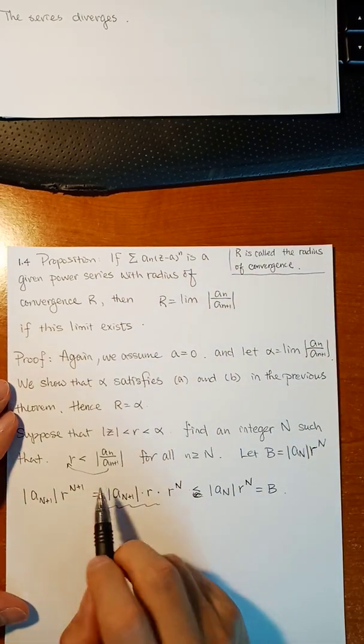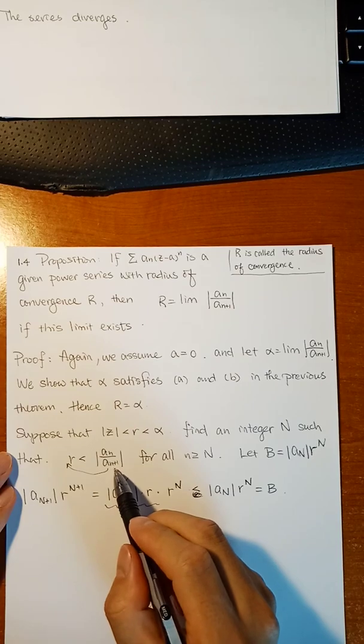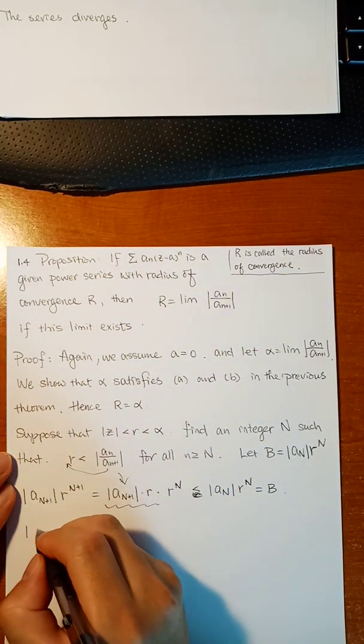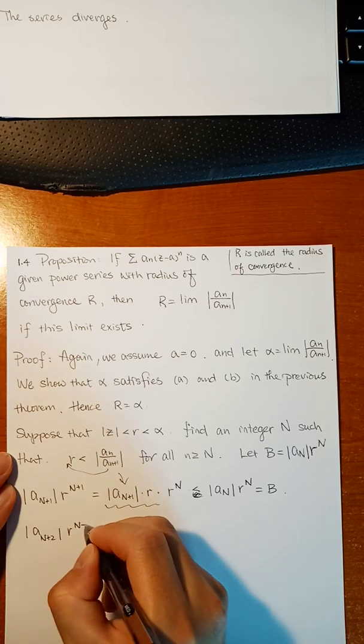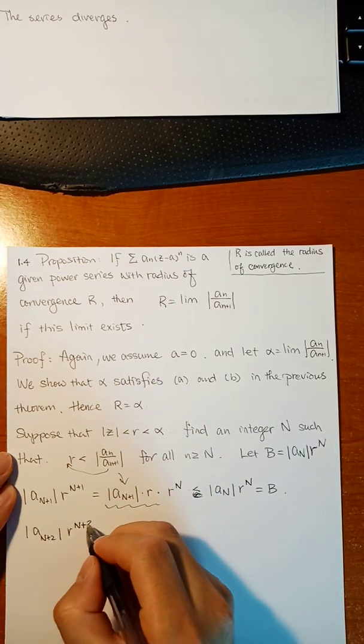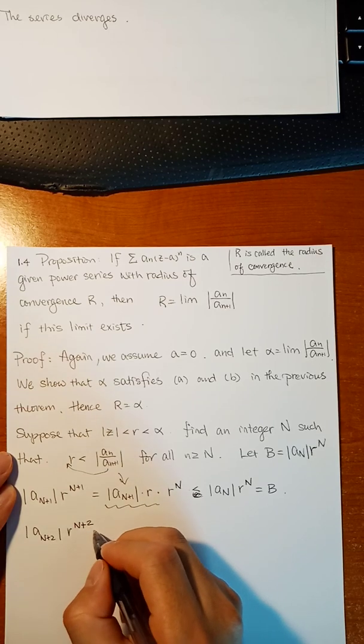You see what I do? Here, we use this condition. And then you can consider the next term, a sub N plus 2, r to the power N plus 2.